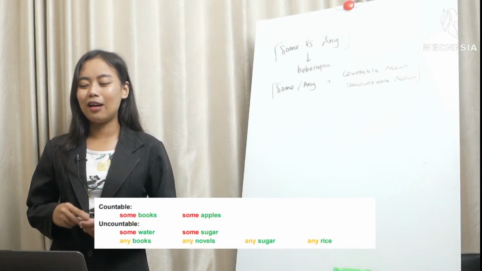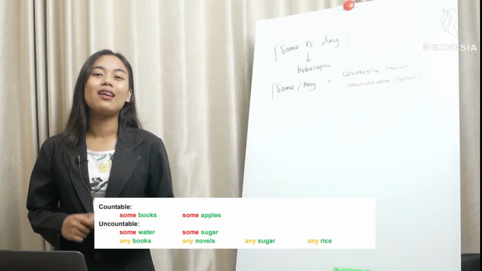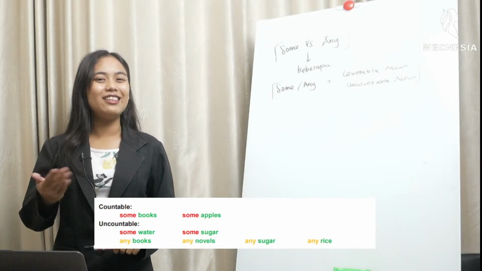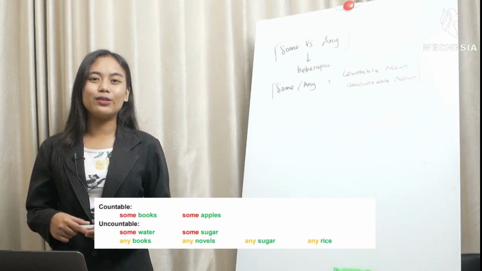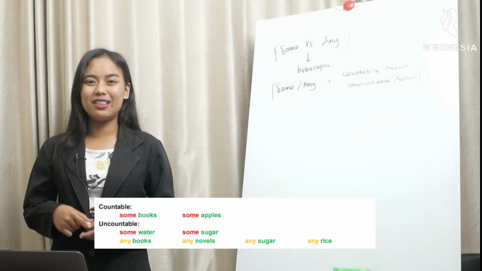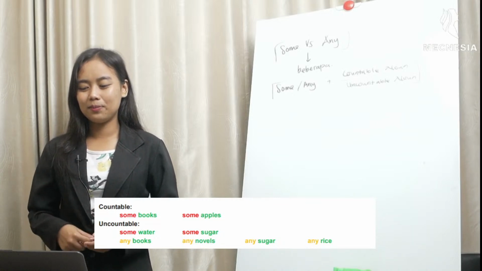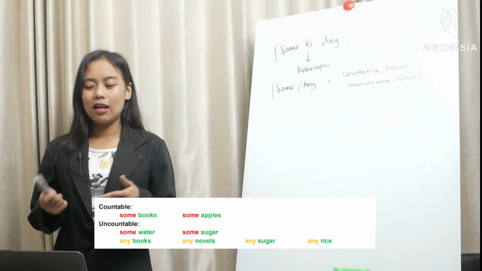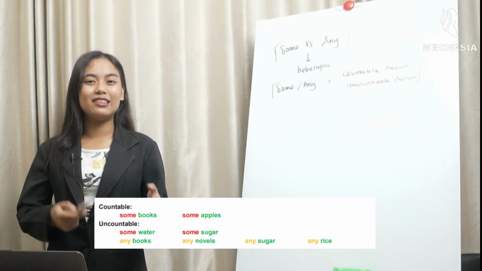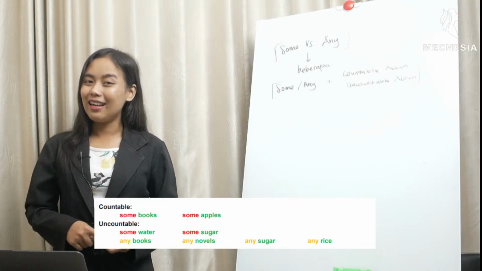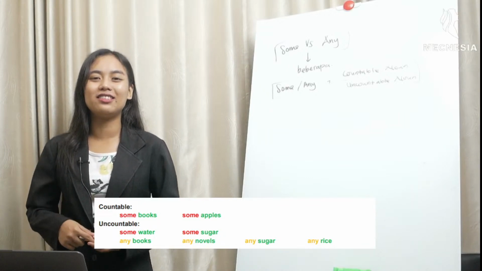Next, kita punya contoh penggunaan some dan any dengan uncountable noun, benda yang nggak bisa dihitung. The first one we have some water. Some water. Let's say it with me. Some water. Any books. Next, some sugar. Some sugar. Next, we have any novels.